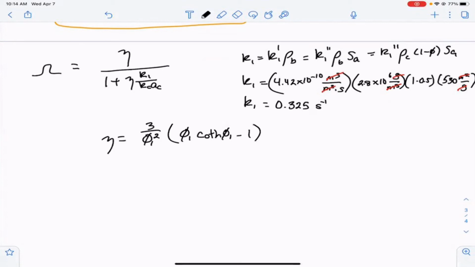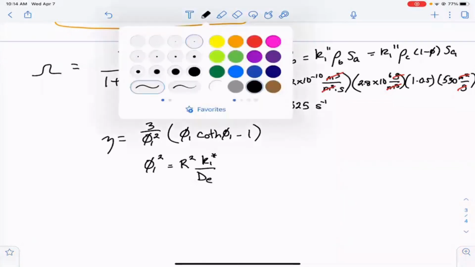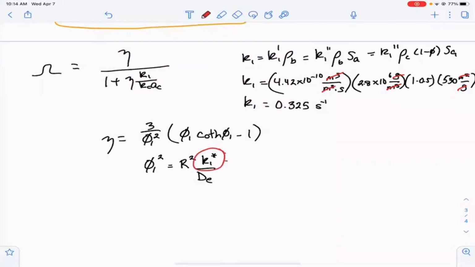Okay. And if you remember, since we have a first order reaction here, the Thiele modulus for our first order reaction was equal to the radius of the pellet squared times this thing that we called K1 prime divided by the effective diffusivity.